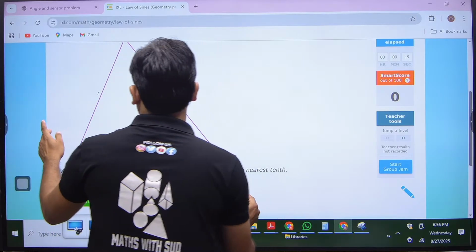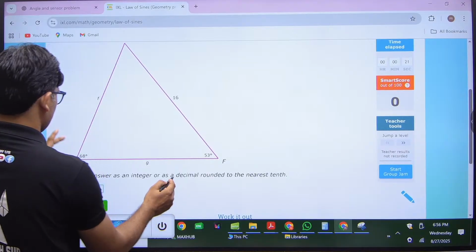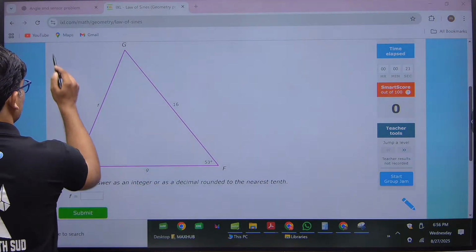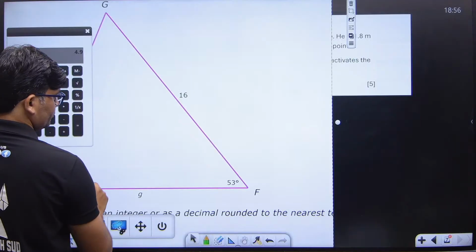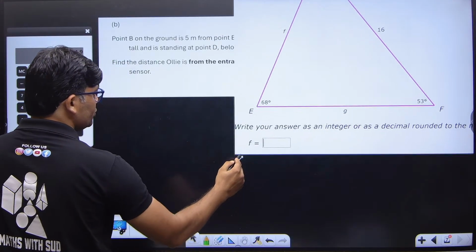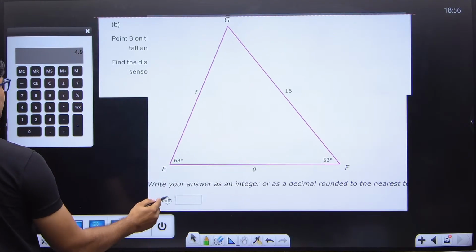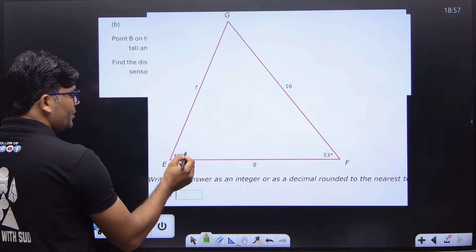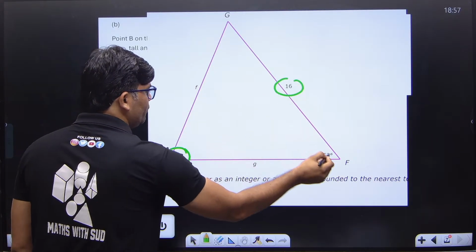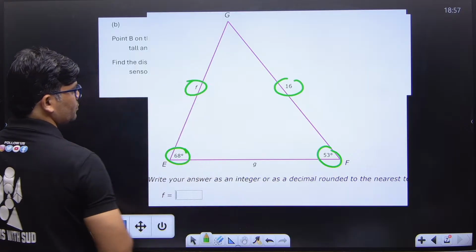Okay? See this? Suppose I want to do this question. So I will do one question for you. Rest of the questions you can practice yourself till Sunday. So we have been given this value and this value and this value and this value.